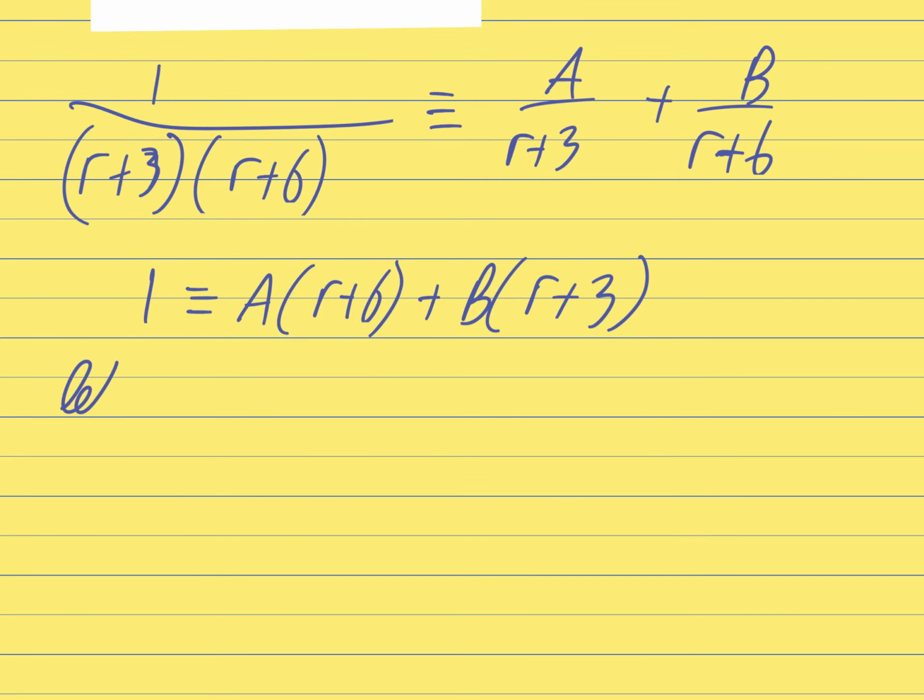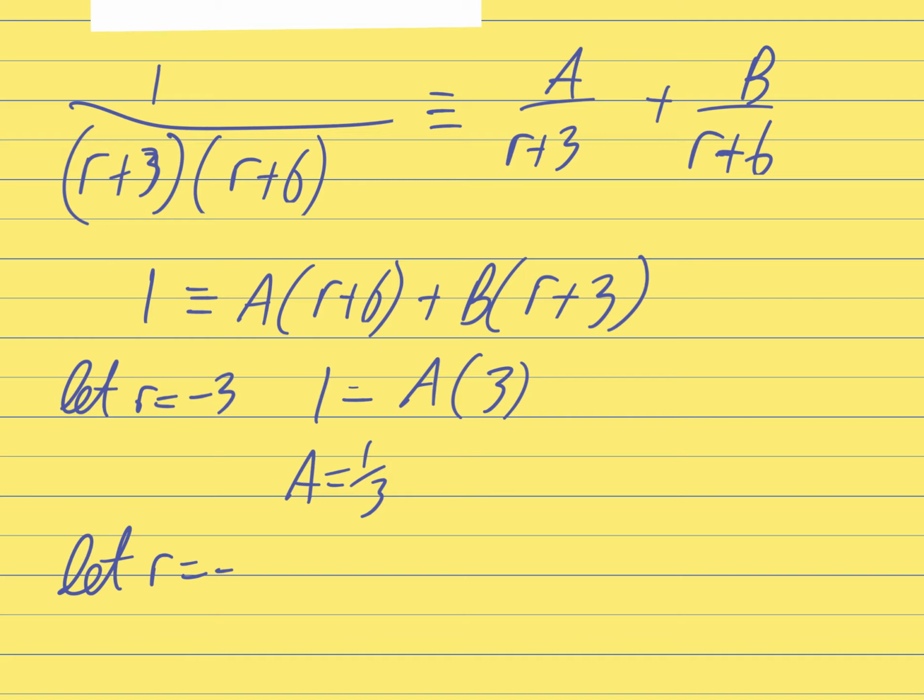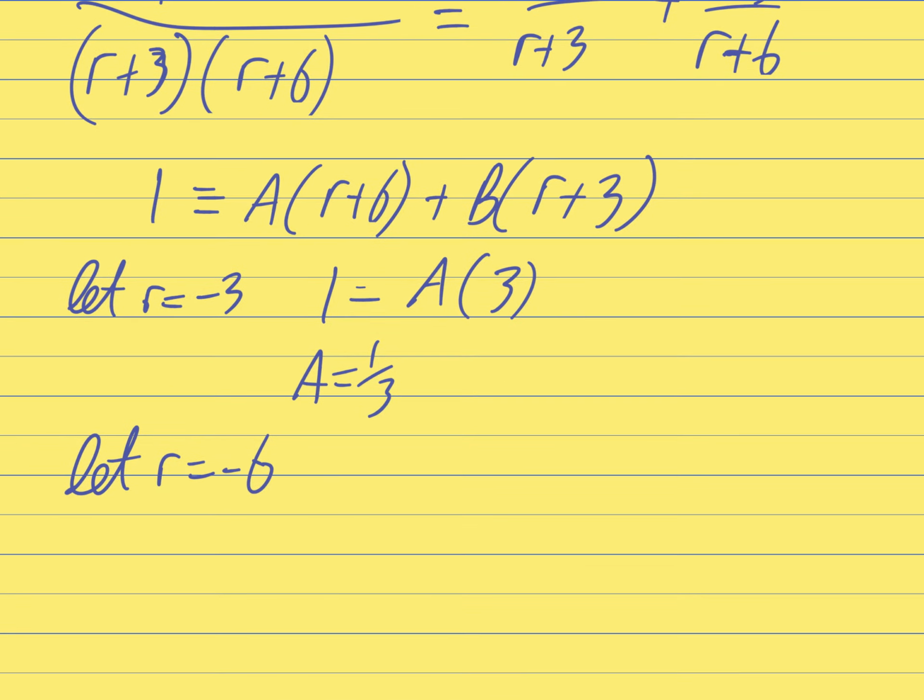If you let r equal minus 3, this bit will become 0, so you just get A times 3, which means A is equal to 1/3. Then if you let r equal minus 6, same idea, you get 1 is equal to A times 0, and then B times minus 3, which means B works out to be minus 1/3.